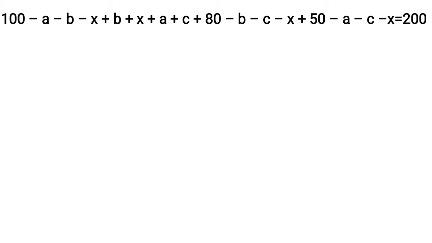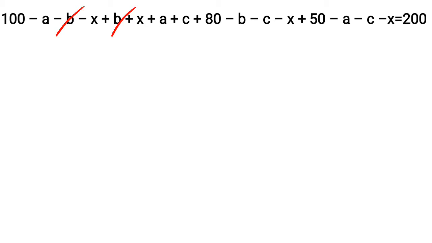So now that we have identified the individual items, you have added all of them, equated to 200, we begin to solve. We see if there are others that can cancel out. I can see I have a negative B here, I have a positive B here, they can cancel.